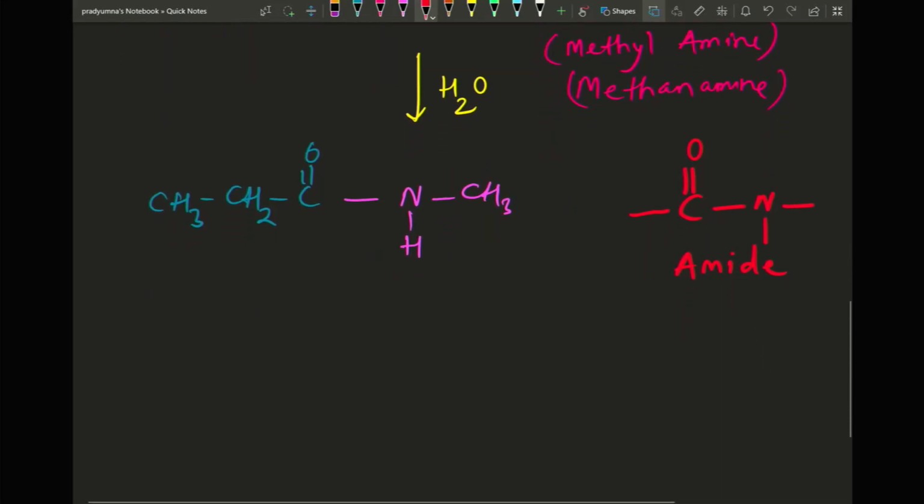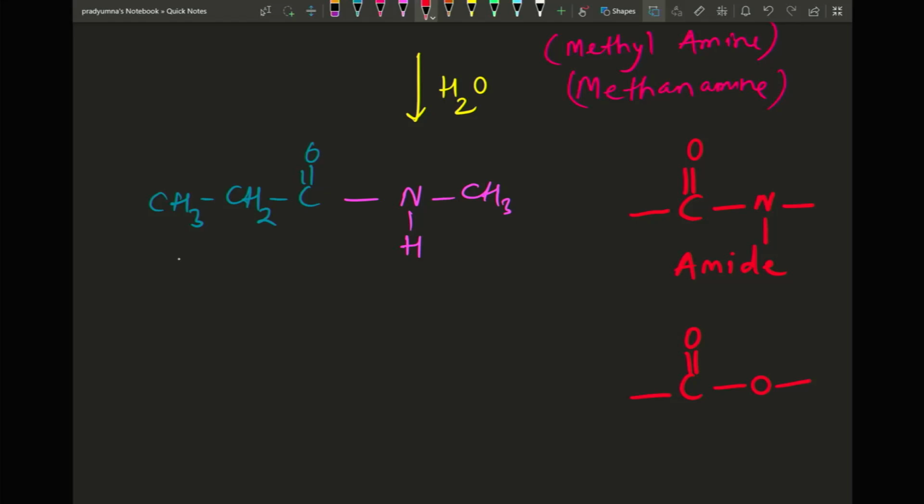What is an ester functional group? An ester functional group is you have a carbonyl, anything can be on the left, to the right there is an oxygen, and to the right of the oxygen there has to be a carbon chain, because if it's a hydrogen, then that becomes a carboxylic acid. So you want a carbon chain on either side. Okay, so that's amide.